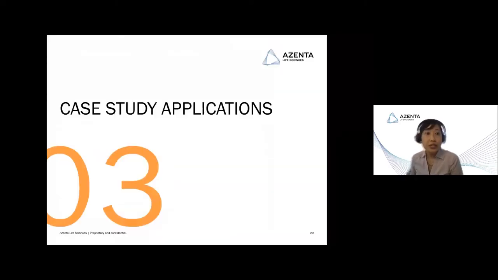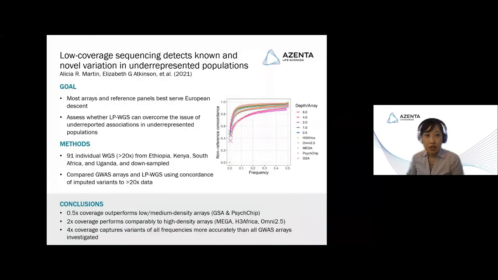So now I'd like to highlight a few publications that show how low pass whole genome sequencing can be used. So the first case is from the Broad Institute and was designed to test how effective low pass sequencing and microarrays were for underrepresented populations. Since most arrays are modeled off results from European ancestry, as I mentioned earlier, there are many variants that can be missed.